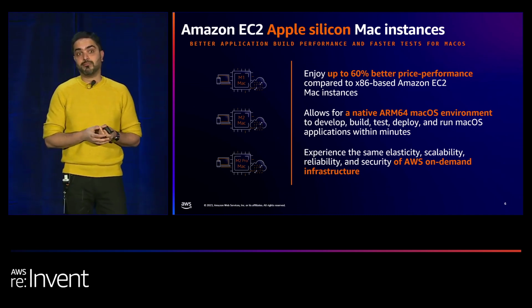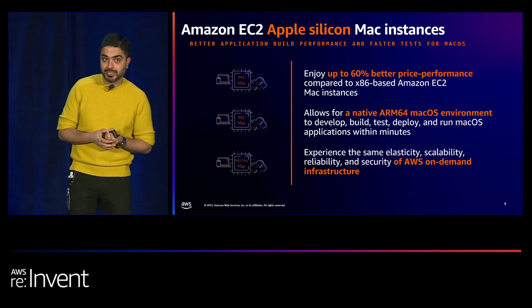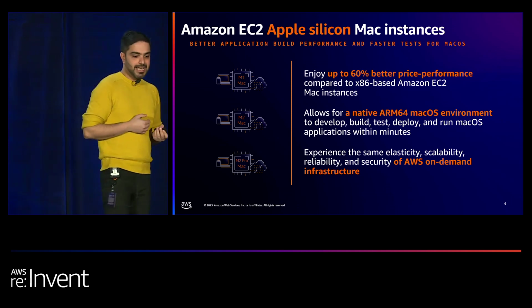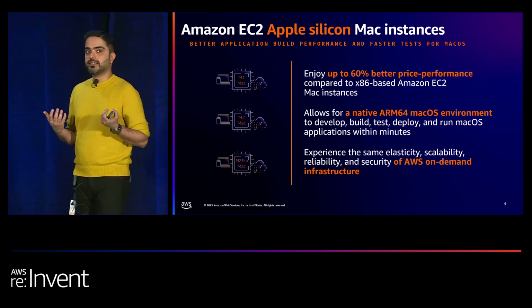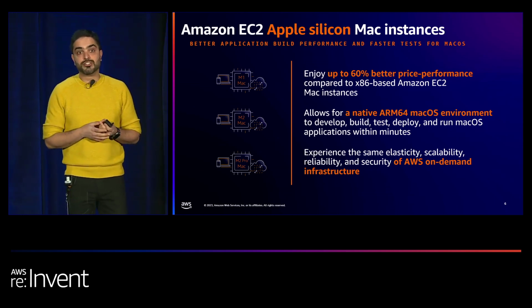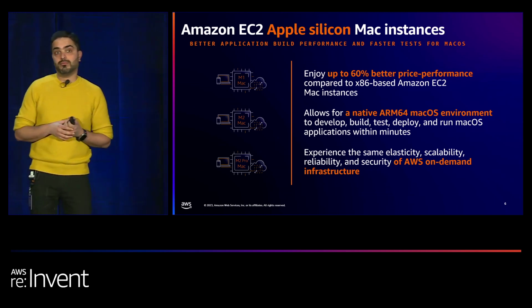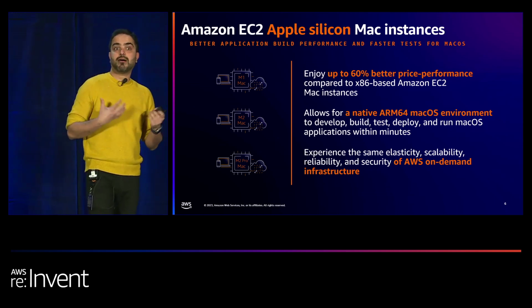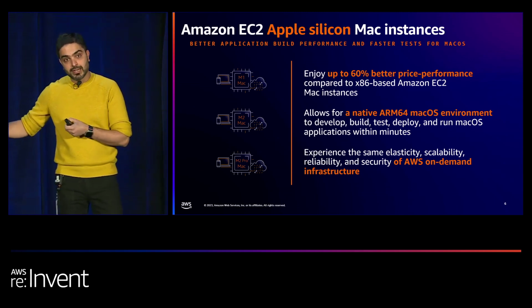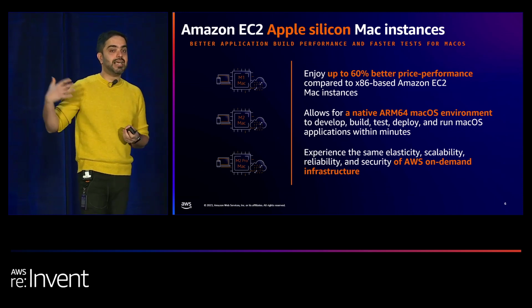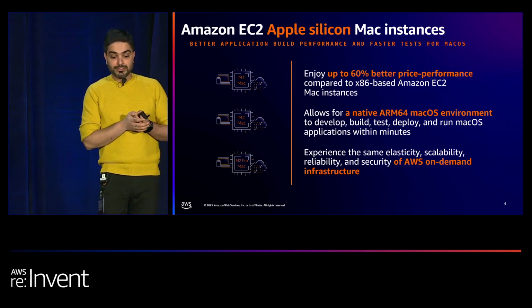You could get up to 60% price performance improvement compared to x86 EC2 Mac instances. A lot of customers at that time were working on transitioning their apps from running on Rosetta to native Apple Silicon, and the EC2 Apple Silicon Mac instance, or the M1 Mac instance, really helped them with that transition.